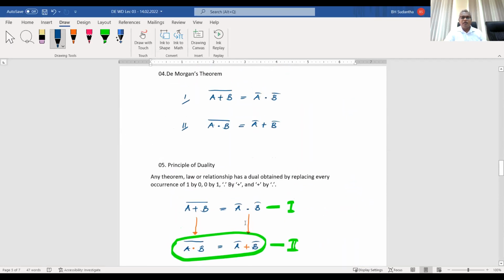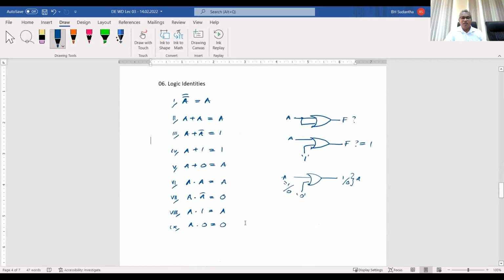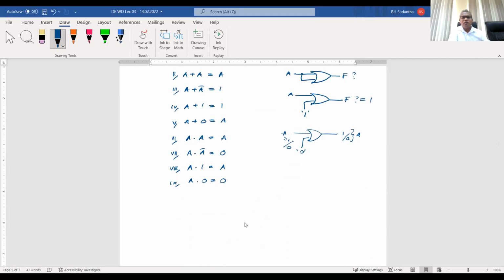Now you can take one of these, maybe this one. This is A plus 1 equals 1. Shall we apply the principle of duality to this one? We have to convert this plus to dot and this 1 to 0.